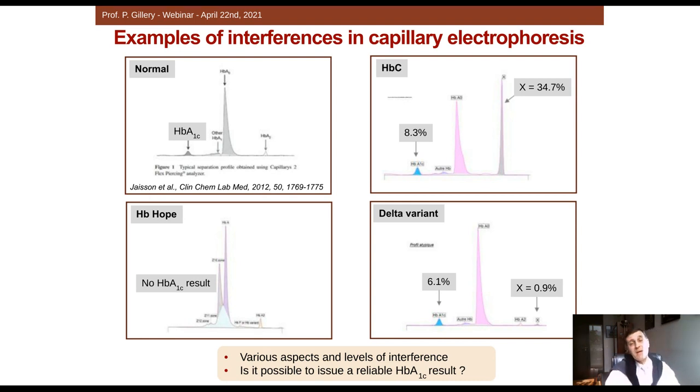Here are examples of interferences in capillary electrophoresis. A normal electrophoregram is shown on the top left part of the slide with HbA1c, the major peak of HbA0, and minor peaks of HbA1 and HbA2.